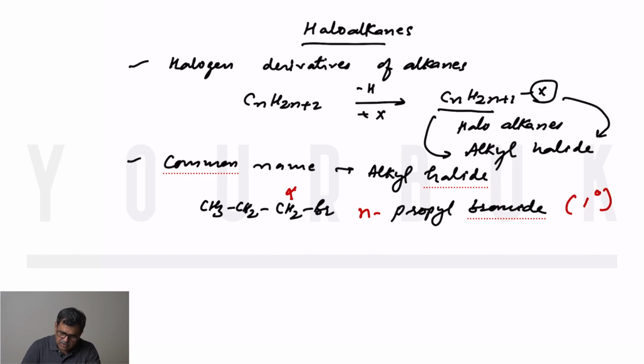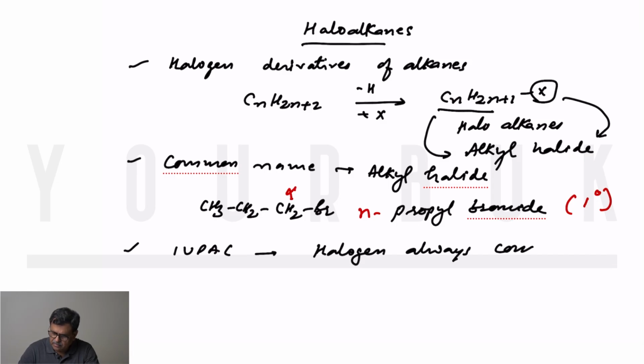Now in the IUPAC system, halogen always comes as a prefix, halo, to the parent hydrocarbon.